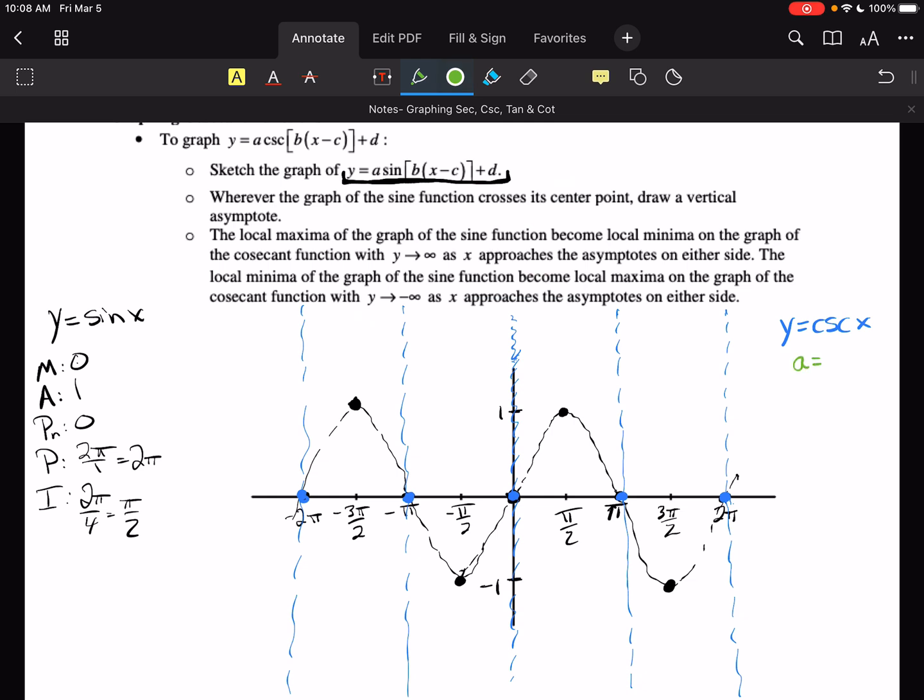That a value, the amplitude of sine, that gives me those starting points for my parabolas, we'll call them that, okay? That's what they look like. So I have this as my cosecant graph.